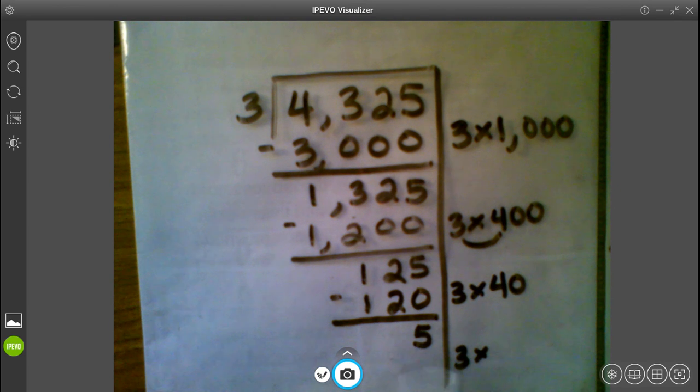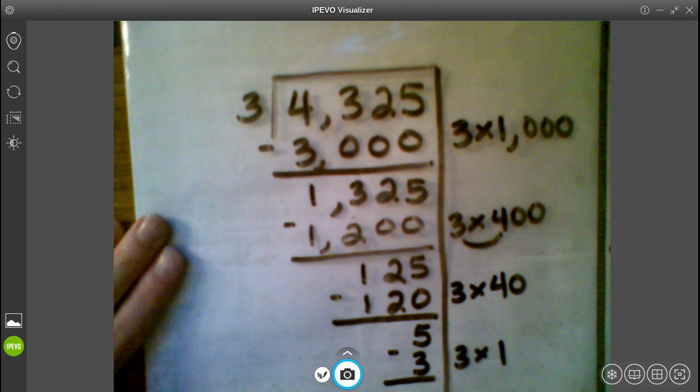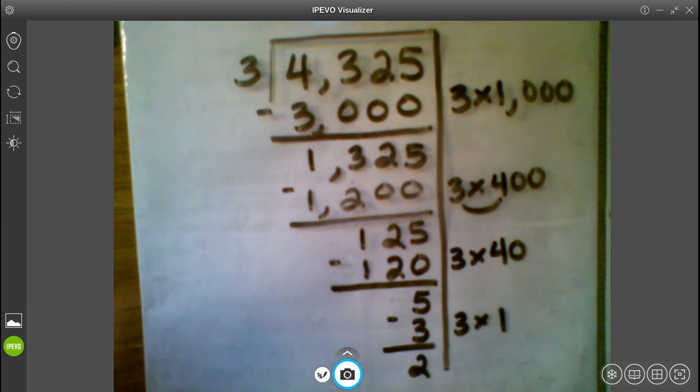We can't stop yet because 5 is more than our divisor 3. So we have to keep going till what's left is either 0 or less than our divisor of 3. So I think we can only do 3 times 1, which equals 3. We subtract, we get 2 left. Now we can stop because 2 is less than our divisor 3.